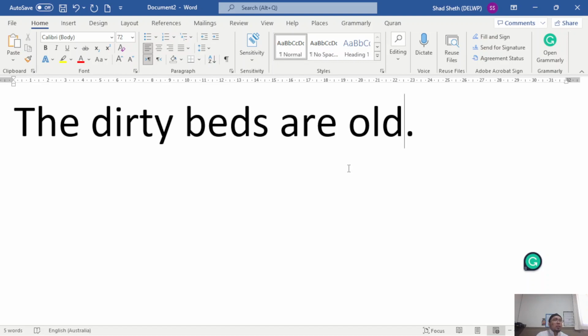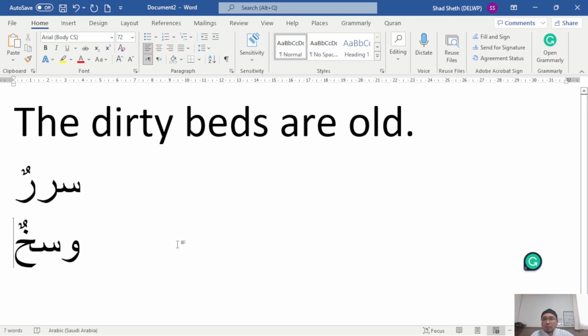Okay, now remember the rule. Apply it. So bed is sururun, right? Dirty is wasikhun. Old is qadimun.